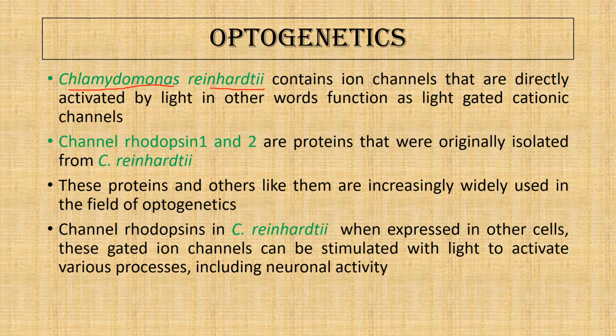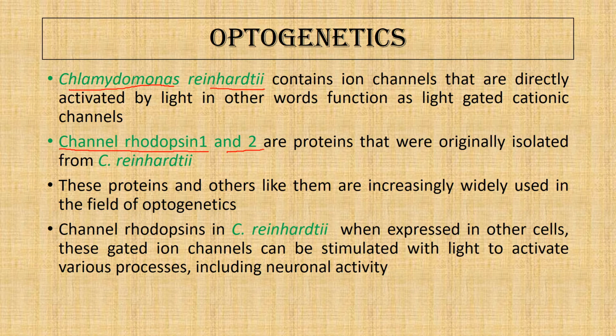The eye spot contains channel rhodopsin. Eye spot is an orange colored or brown colored body that is present in the anterior region of the cup shaped chloroplast. It contains channel rhodopsins, which are the ionic channels that are activated by light.